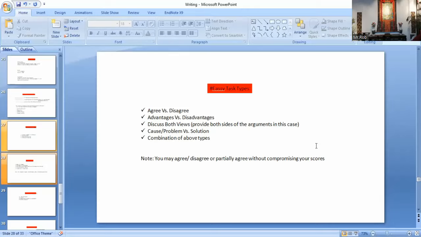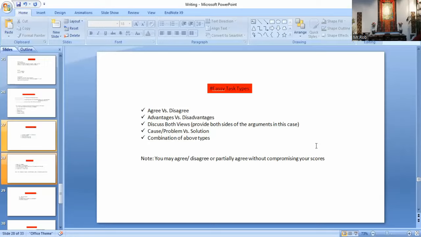Note, you may agree or disagree with the statement presented in your essay question, or you may partially agree without compromising your scores. It does not matter whether you agree with the statement or disagree with it. The only thing that matters is how well you have written or defended your opinion.